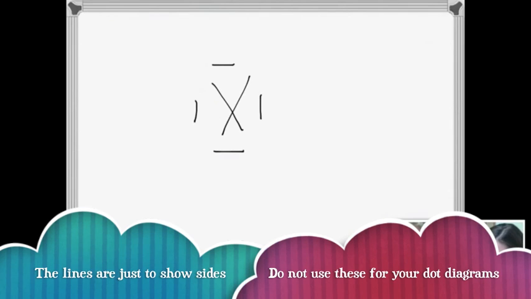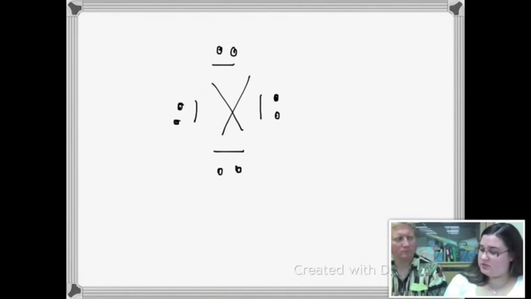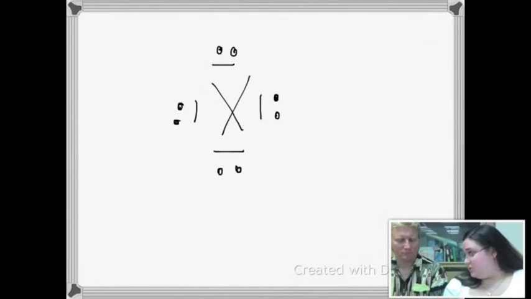Those are your 4 points. You add the dots one at a time as you go around. Once you have all 4, you add your second one so that they have a partner, and they only go up to 8. Just like the noble gases, our valence electrons only go up to 8, so dots can only go up to 8.